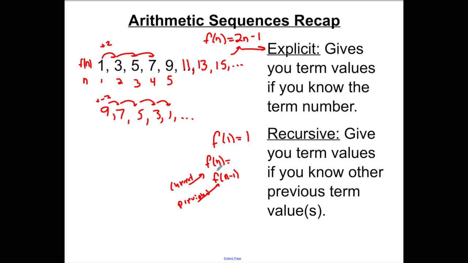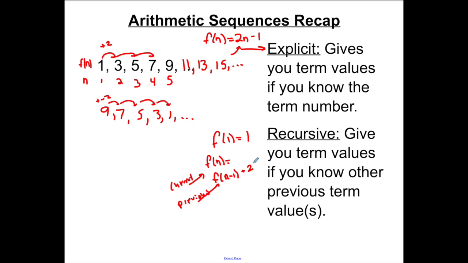If this is 3, then n minus 1 is 2, and 2 is literally right before 3. So f of n in this case is equal to f of n minus 1. To get any term, I go back to the previous term and I add 2.